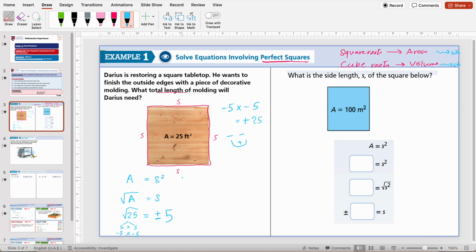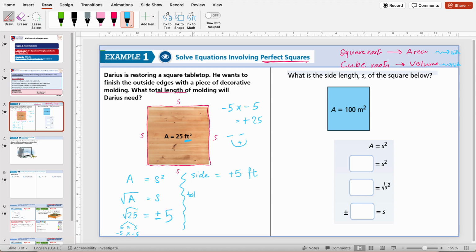Anyways, now, since the answer is positive or negative 5, I cannot select negative as a length of the tabletop. I can only select the positive, because lengths or measurements can only be positive. So I'm going to say that the side equals positive 5, and the unit is feet.